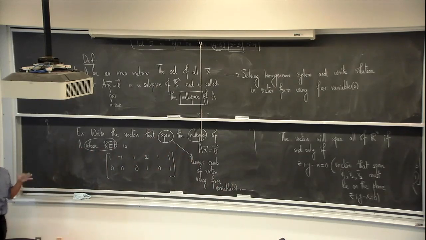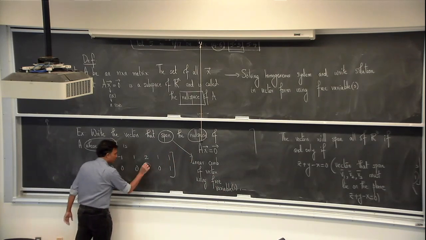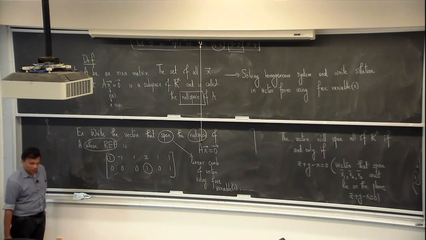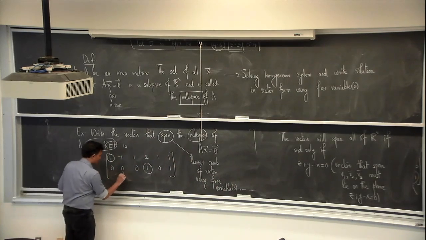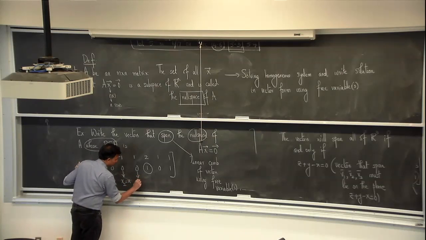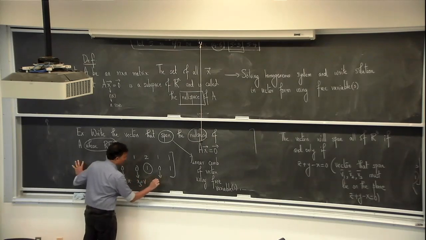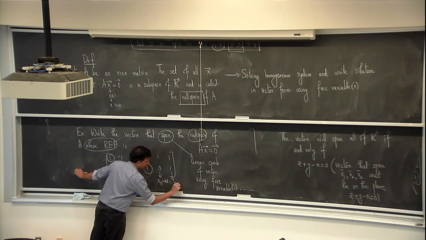So as I said, this is just old wine, new bottle. All right, so the leading ones here are in columns 1 and 4. Hope all of you agree. So x2 is free. I don't care what you call this: x2 equal to u, x3 equal to v, x5 equal to w, and x6 equal to t.